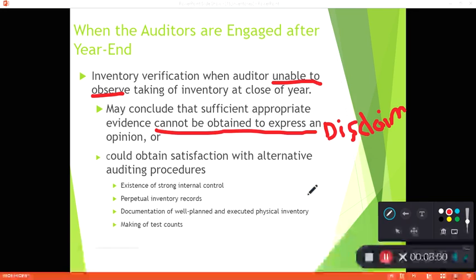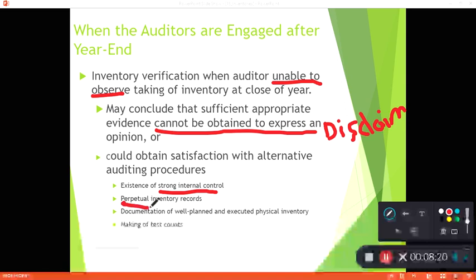Or if you have some other conditions, you might be able to be satisfied. So they have strong internal controls, right? You can test internal controls. Maybe you looked at working papers from prior auditors, and so you get evidence there.